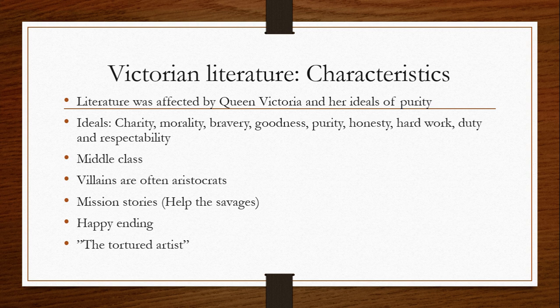In middle-class stories, there are often aristocratical villains. We have a happy ending, and a lot of these are middle-class people trying to learn to be all of these ideal things that Queen Victoria wants you to be.